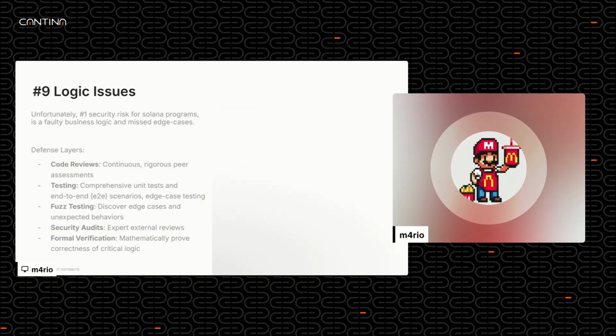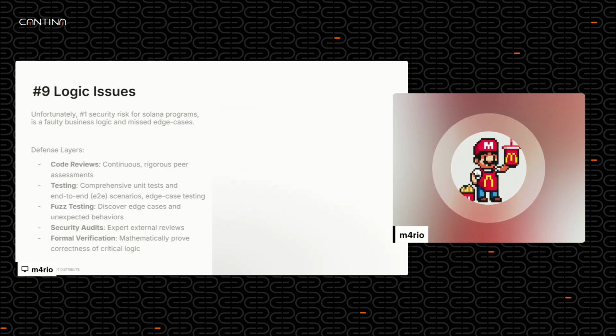Of course, do security audits, and if you have enough capital, also do formal verification, because it's a very important step and defense layer. So all of these can somehow protect you against logic issues.